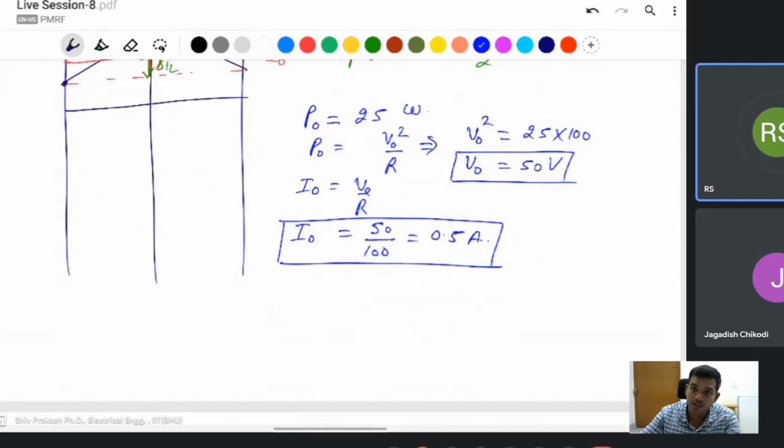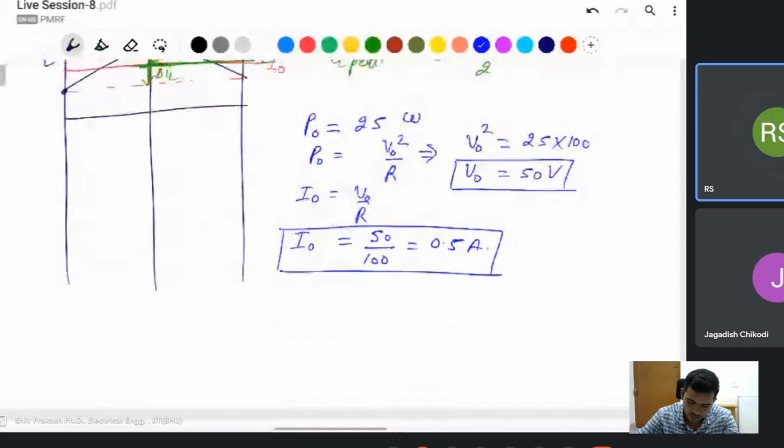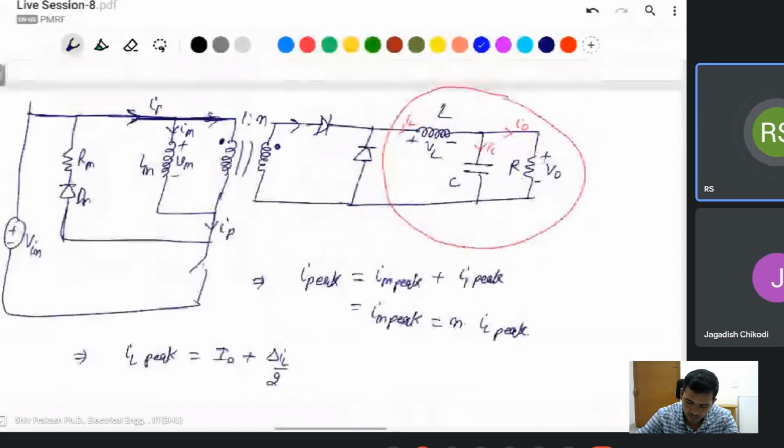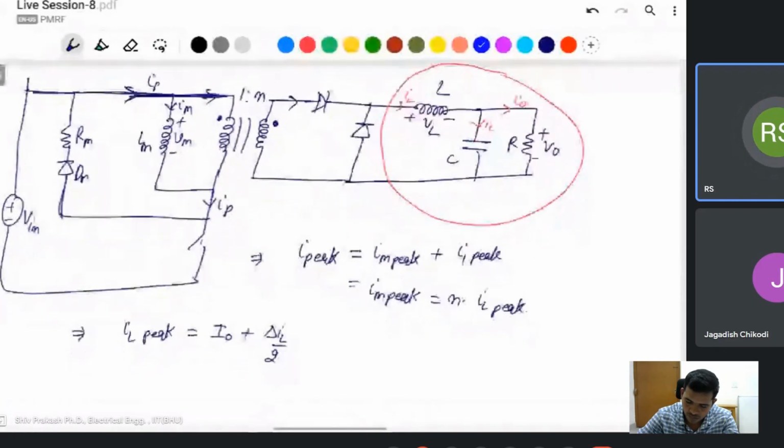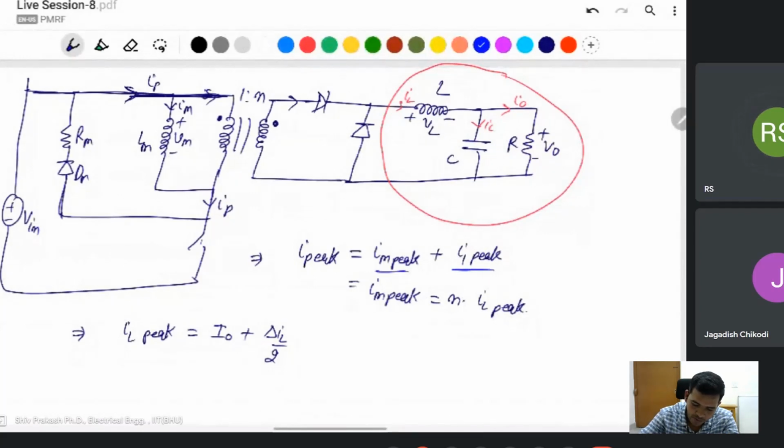Sir, in the previous page you have written that the primary current is the sum of IM plus the reflected current, right? IP is the sum of IM plus the reflected current, I1 in the diagram. Sir, this I1 is only N times IL, right? Yeah, the same as this current.